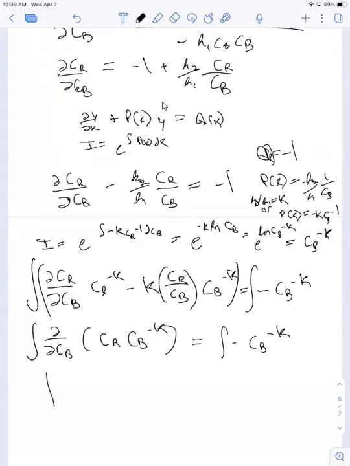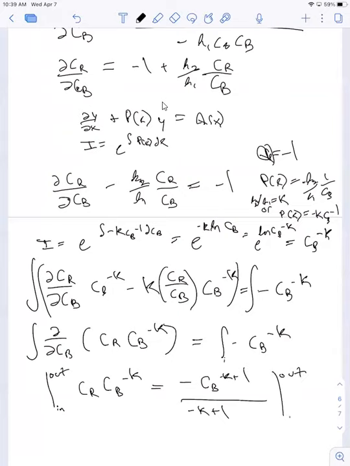And so this is just going to equal CR CB to the -K. And then integrating this side, we're going to get negative CB to the negative K plus 1 divided by negative K plus 1 using the power rule.